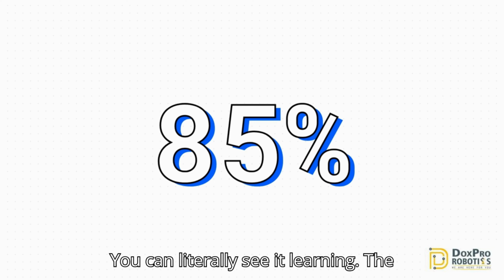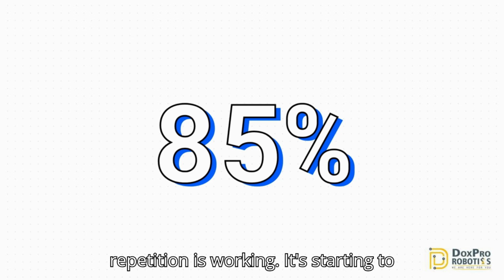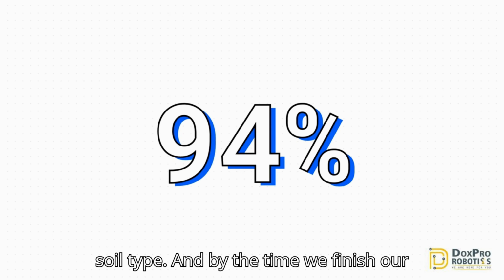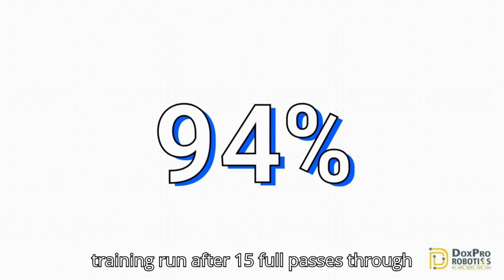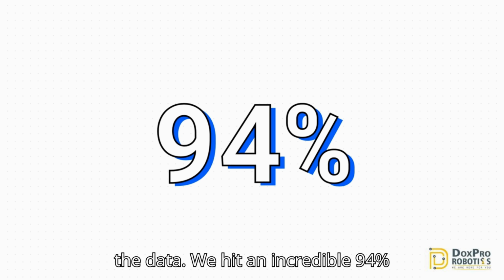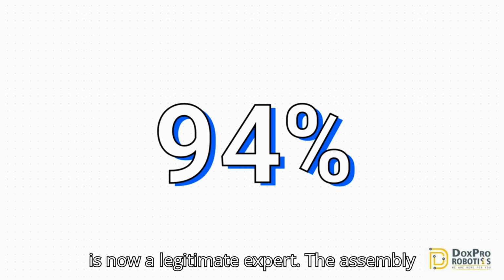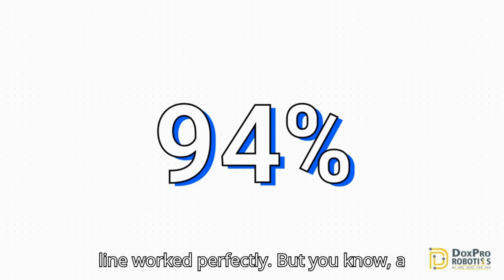You can literally see it learning. The repetition is working, it's starting to pick up on the unique patterns of each soil type. And by the time we finish our training run, after 15 full passes through the data, we hit an incredible 94% accuracy. Our AI soil sorter is now a legitimate expert. The assembly line worked perfectly.